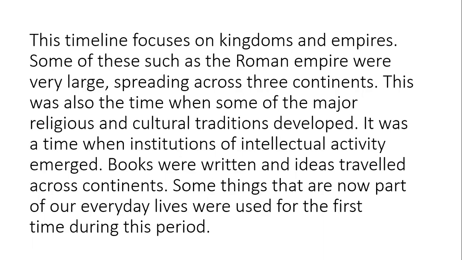It was a time when institutions of intellectual activity emerged. Books were written, ideas traveled across continents. Some things that are now part of our everyday lives were used for the very first time during this period.